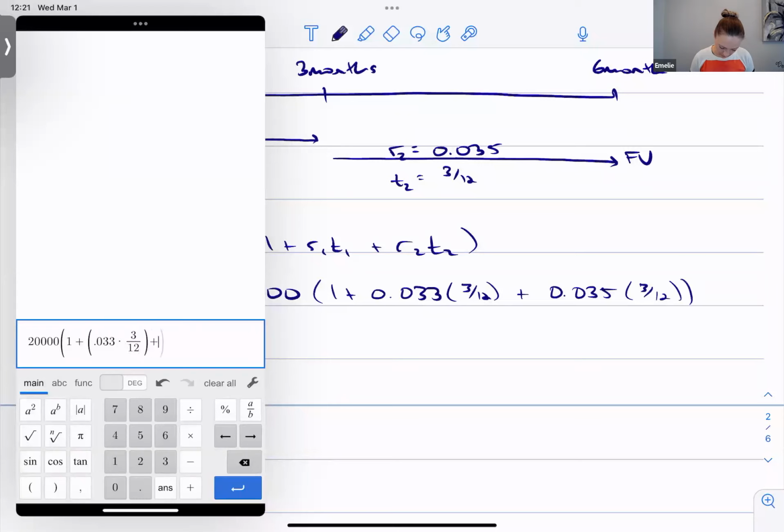Close that bracket, plus 0.035 times 3/12. Oops, helps if I divide 3/12. Close a bracket, close a bracket. You'll have $20,340. Hey, that's for 6 months.